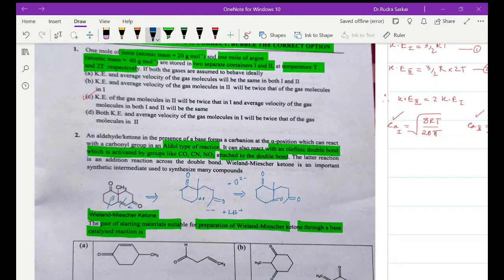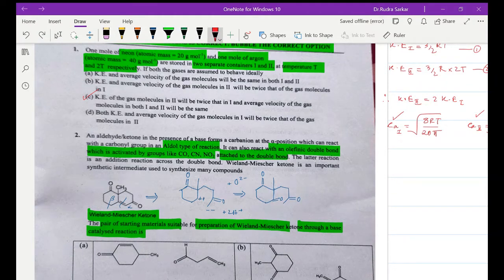Now out here it is important to notice that this portion, that is this one, is a 1,5 dicarbonyl compound. So for finding the starting materials of a 1,5 dicarbonyl compound, we have to first of all number them out.